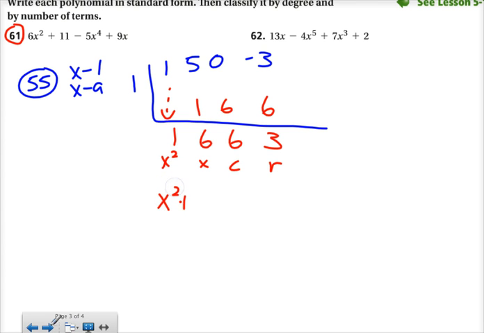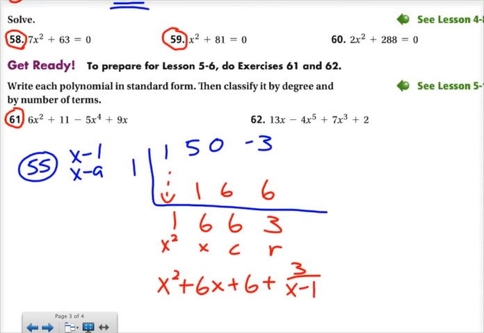So this is x squared plus 6x plus 6 plus 3 over x minus 1, because that was our divisor when we started. Remember, you always start with the right. The first one's the remainder, the next one's the constant, the next to the first, then x to the second, x to the third, etc., as you work your way out.